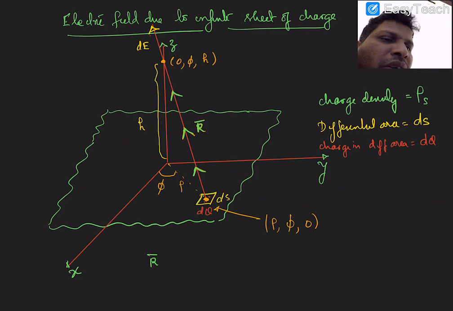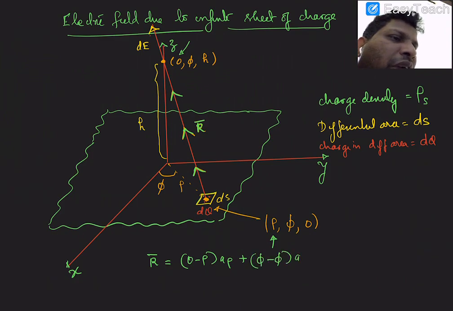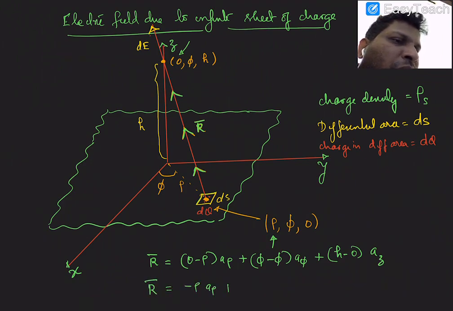It is my final point minus my initial point: (0 minus rho) a rho plus (phi minus phi) a phi plus (h minus 0) a z. So I get r bar as minus rho a rho plus h a z.